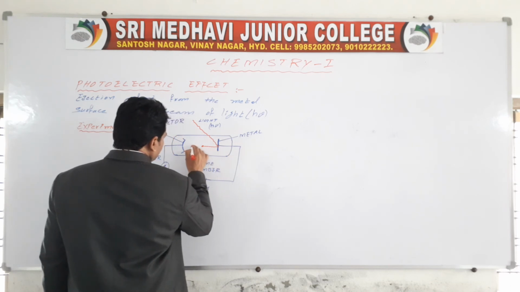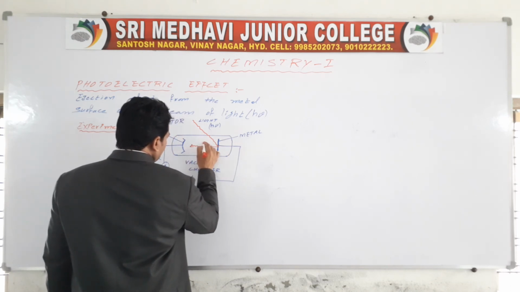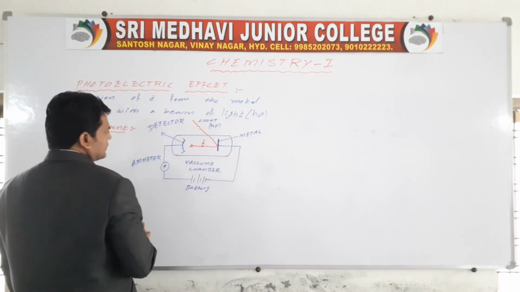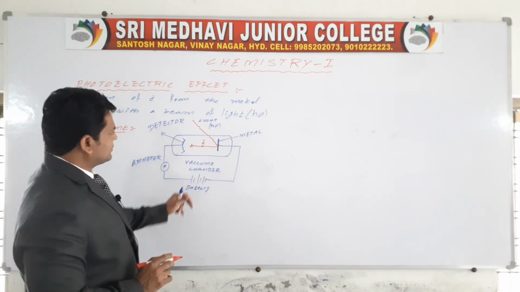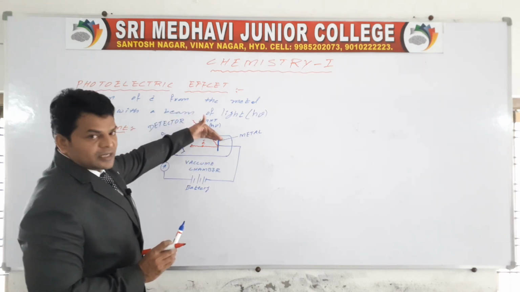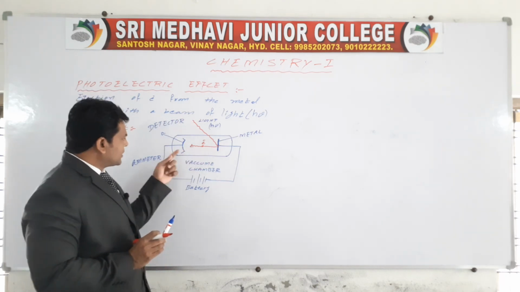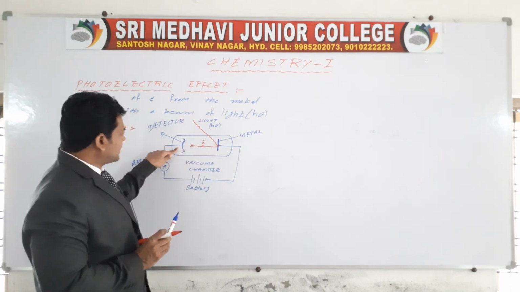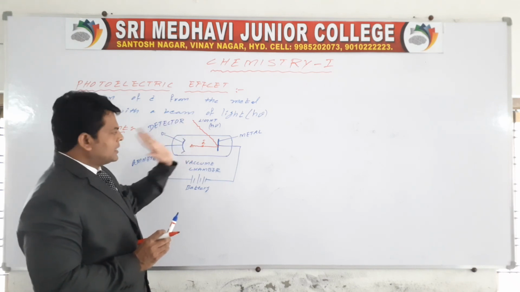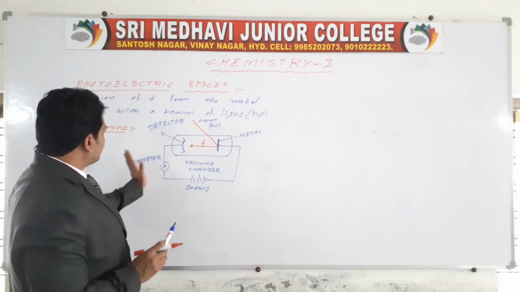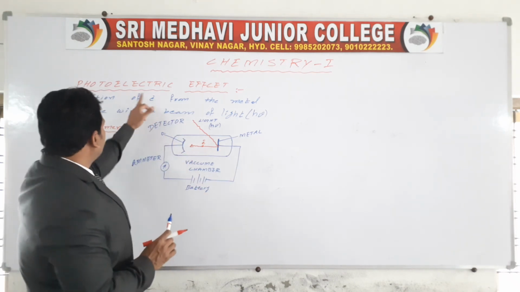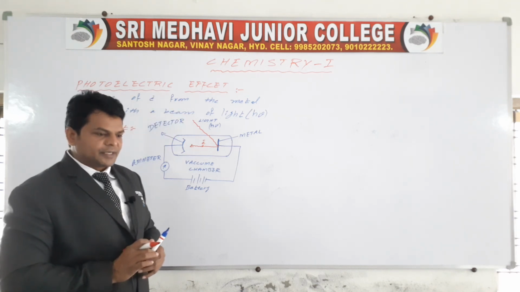The electrons come towards the detector. By using the detector, we may observe how many electrons are ejected. So this is the experiment we use for explaining the photoelectric effect.